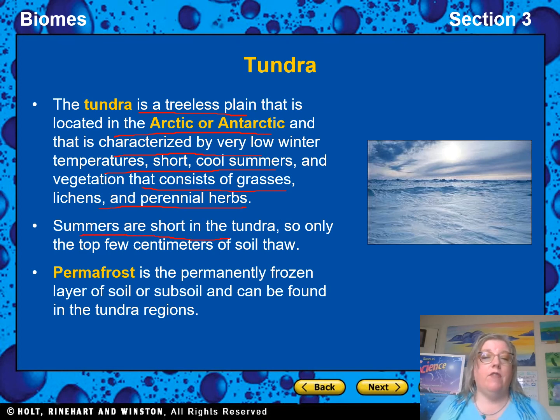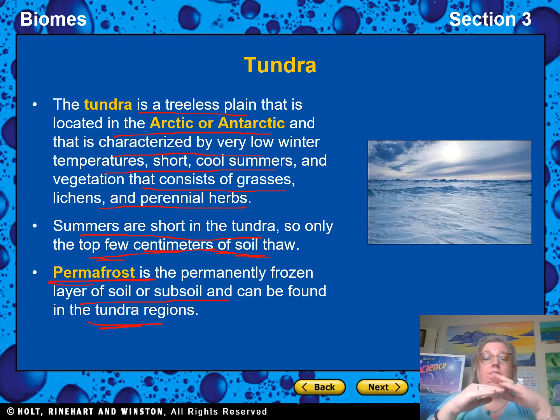The summers are very, very short on the tundra, so only the top few centimeters of the soil will thaw. Do you remember learning about permafrost? Permafrost is the permanently frozen layer of the soil or subsoil that can be found in tundra regions. So it's so cold that the bottom layers of soil never thaw out.